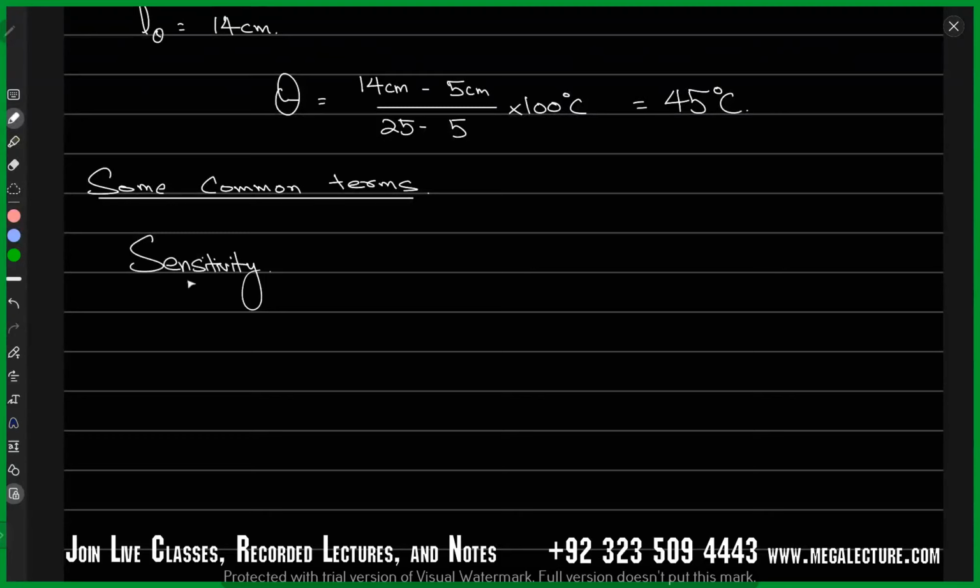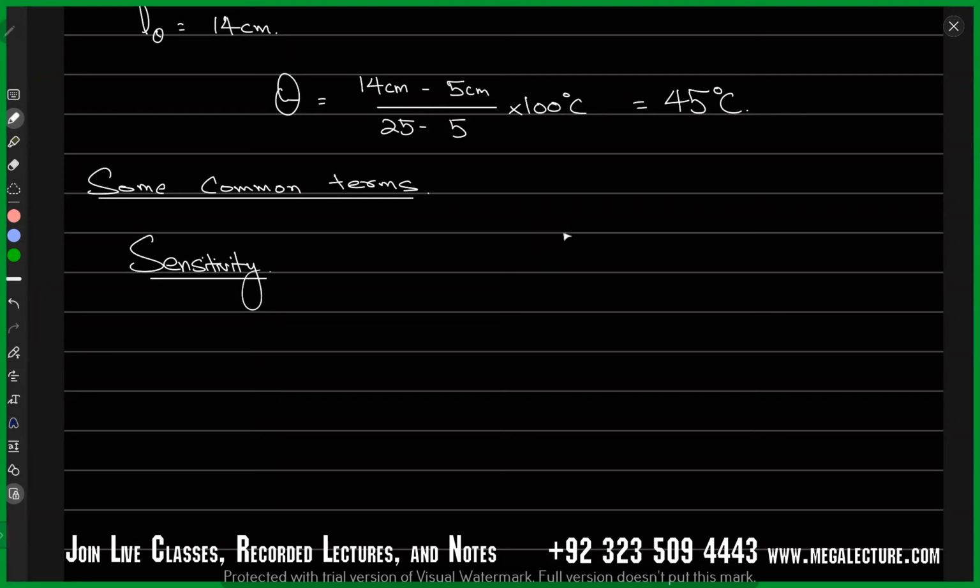So how sensitive is my thermometer to the changes in temperature? That means that if there are very minute changes in temperature, how will the length of the mercury behave? Will it be able to change its length with small changes in temperature?